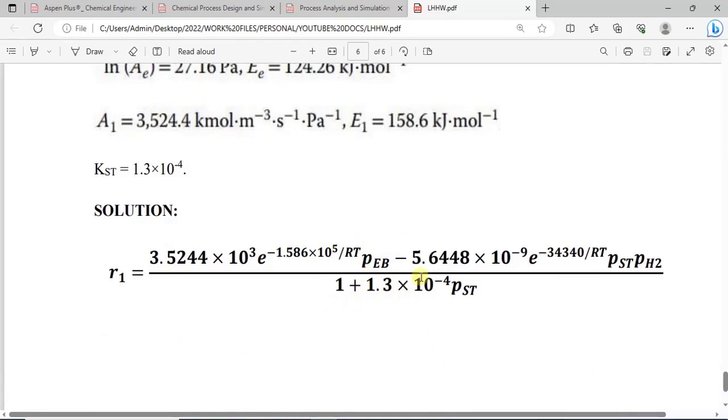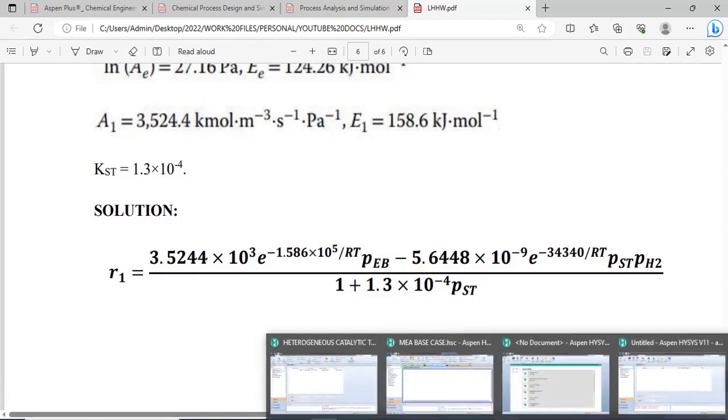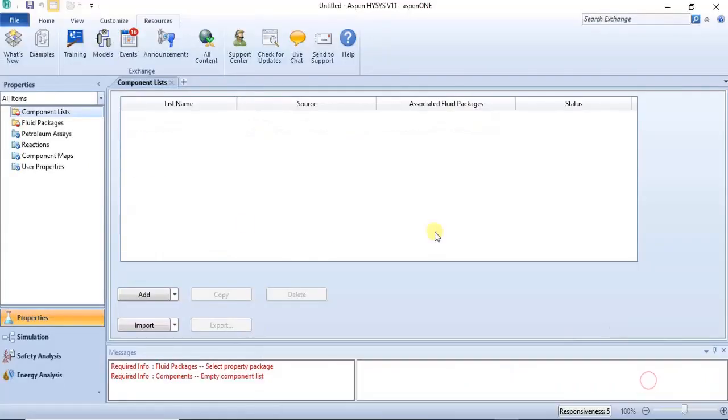So this is what we'll be using to actually model the process. So quickly we can go into the simulation environment.